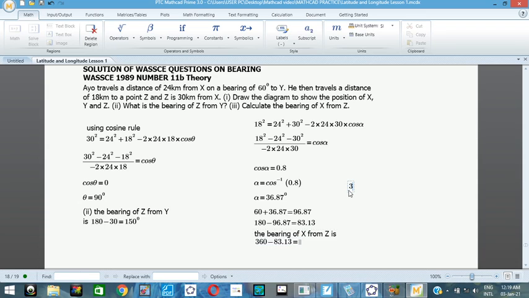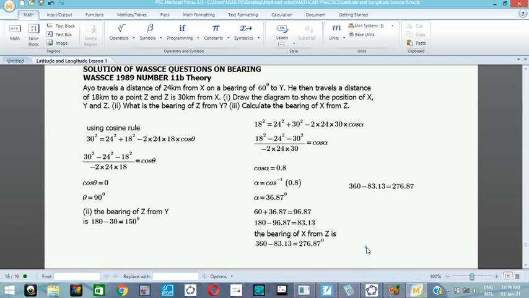Let me do it here. 360 minus 83.13, and that is 276.87. So that is the answer. This is the answer to this question, 1989 number 11. It's a theory question. So that is all with that.